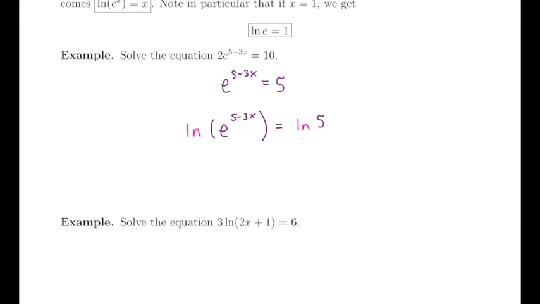So the left side simply becomes the power. 5 minus 3x is equal to ln 5. Now we all know how to solve for x, so let's do that. I'll bring the 3x onto the other side, and I get 5 minus ln 5 on the left. Divide both sides by 3. So x is (5 minus ln 5) over 3.